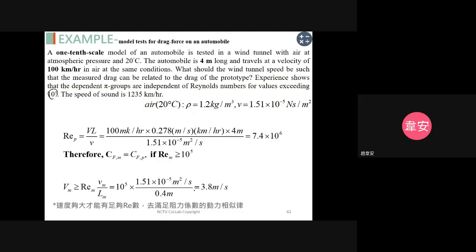Finally we only need a velocity of 3.8 meters per second in the model, and then we can satisfy the Reynolds number for dynamic similitude. So notice that there's a difference: we just converted the dimensional unit from kilometers per hour to meters per second.